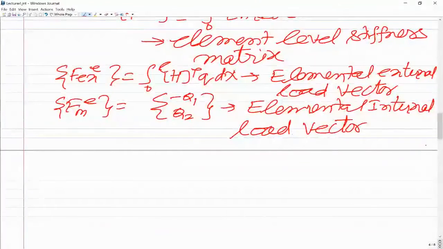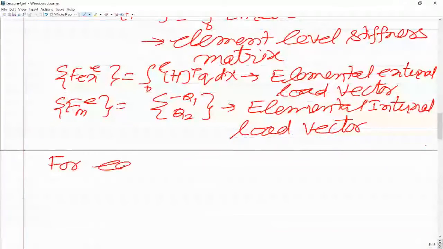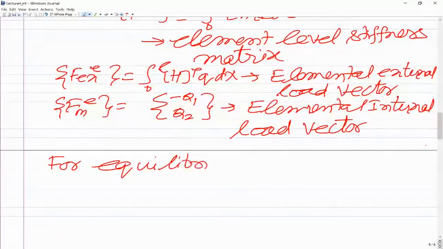Now from this we want to develop the element level governing equation. We know that satisfaction of the original differential equation is equivalent to saying that delta I equals 0. For equilibrium, the first variation of the integral functional I, the total potential energy functional, should be equal to 0.